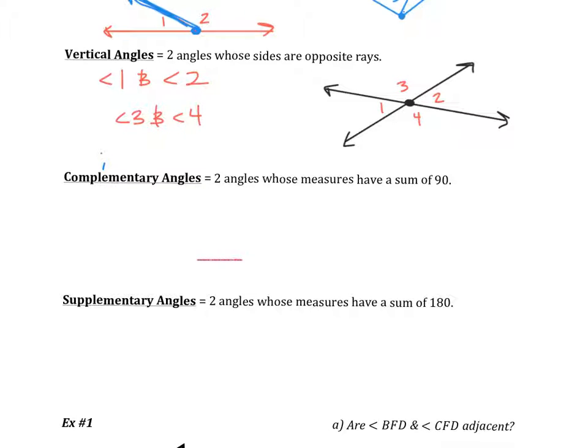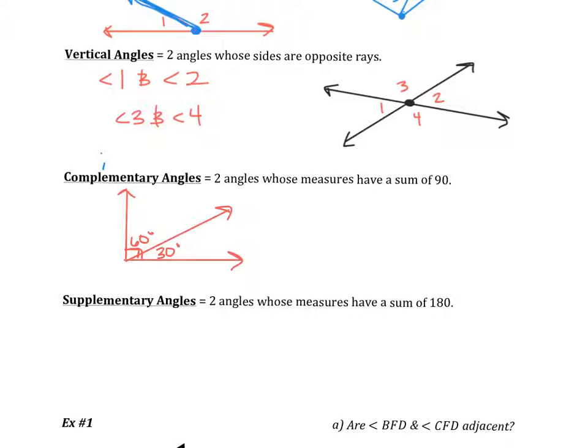So here are a couple options for you. You might have something that looks like this. Let's say this is 30 degrees and this is 60 degrees. Therefore, they're making a 90-degree angle, right? Those are complementary angles. But here's the thing. They don't have to be adjacent to be complementary.